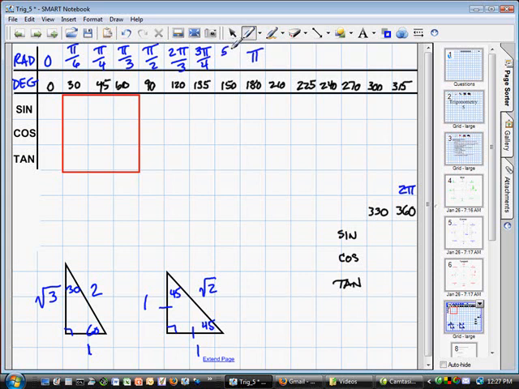So in other words, it's 5/6 pi. 210 is a pi over 6 past pi, so 1 1/6 pi. 225 is back to our 45 degree angle past 180, so that would be 1/4 pi past 1, 1 1/4 pi.